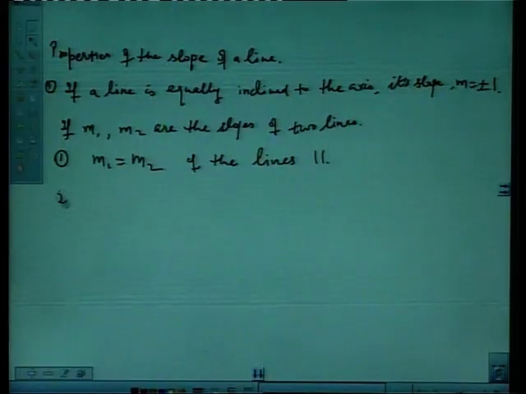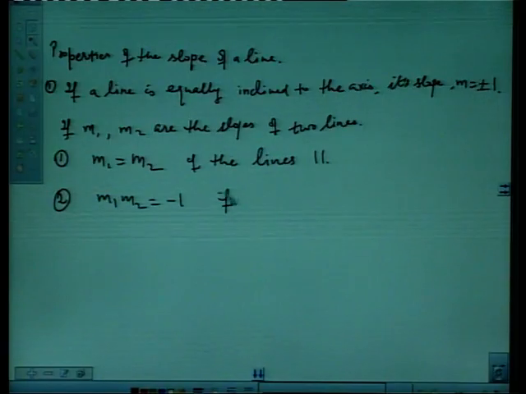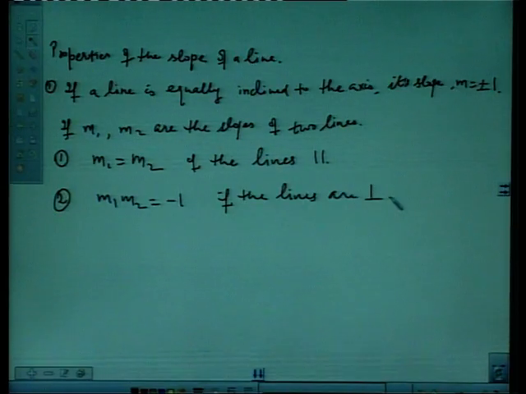Number 2, m1 m2 equal to minus 1 if the lines are perpendicular. Means if lines are parallel then the slopes will be equal, and vice versa, and if the lines are perpendicular then the product of slopes is equal to minus 1.